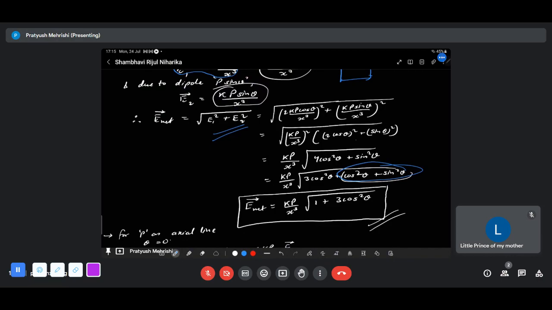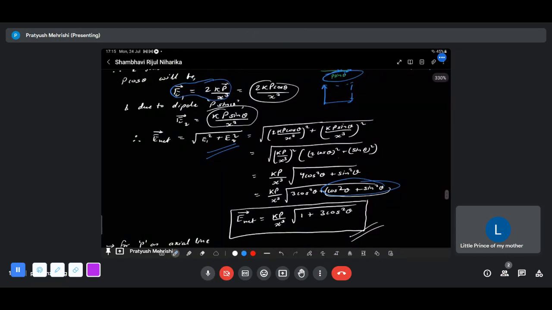This is what we are getting for the dipole at any general point. Got it now? Sir, why can't we directly find the electric field due to the two charges separately and then find the resultant?